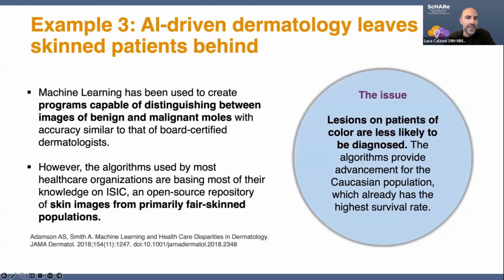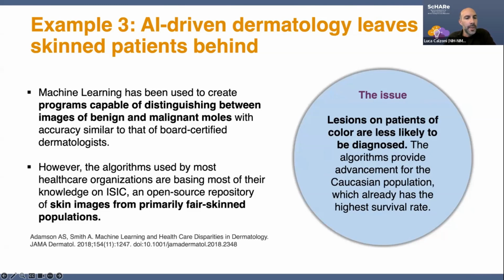Next, please. So the third example that we wanted to provide is pretty famous, actually. It's often cited as an example of racial bias. And it's an example where AI-driven dermatology was leaving dark-skinned patients behind. So some programs had been created that were capable of distinguishing between images of benign and malignant moles. And this was supposed to help physicians, help dermatologists diagnose those conditions.